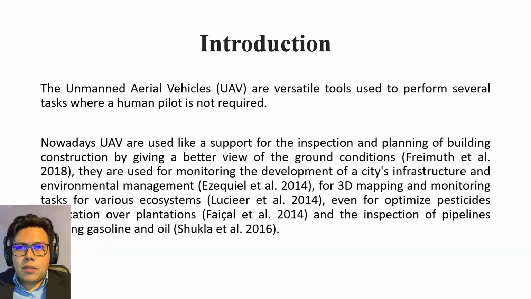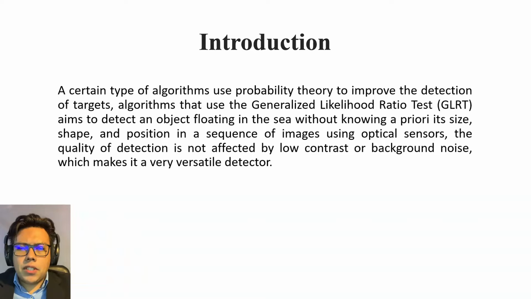The city development can also be visualized. Speaking of this, the expansion of the pipelines carrying gasoline and oil is another great task to be done by UAV. The importance of UAV is clear, and one of the most important things in UAVs is detection.